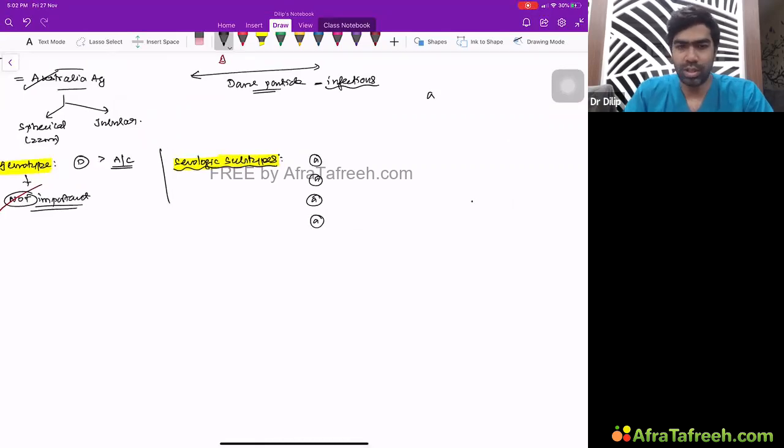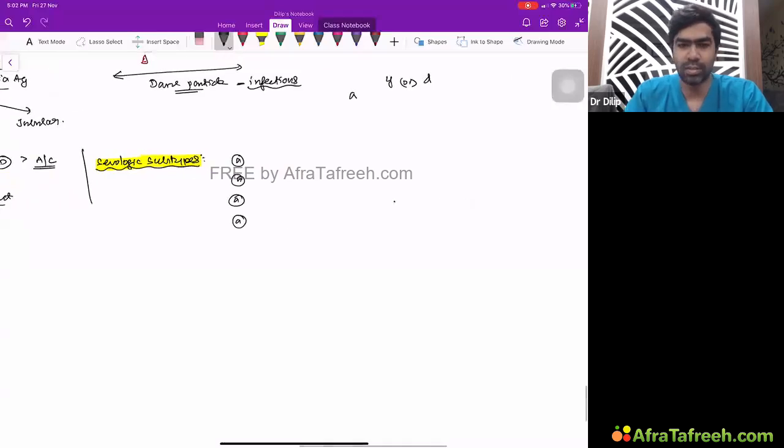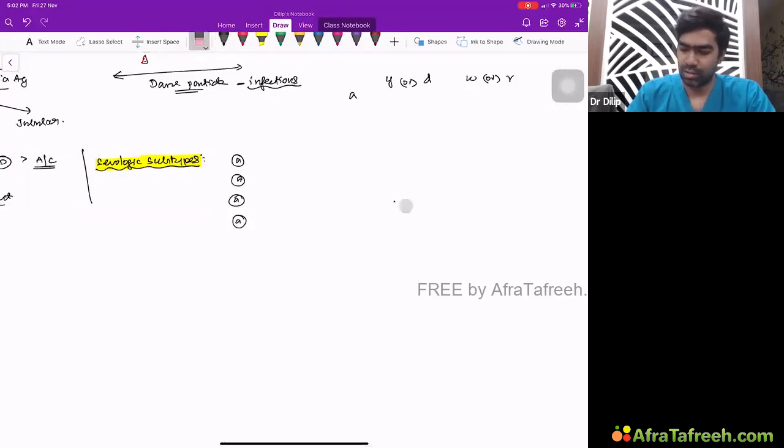For example, the second spot will be either Y or D, and the third spot will be either W or R. Which means the first antigen will always be A, the second antigen will be either Y or D, and the third antigen will be either W or R. So based on that, you can give 4.